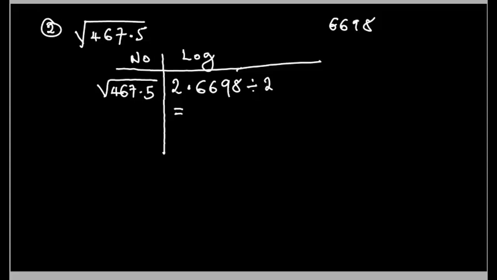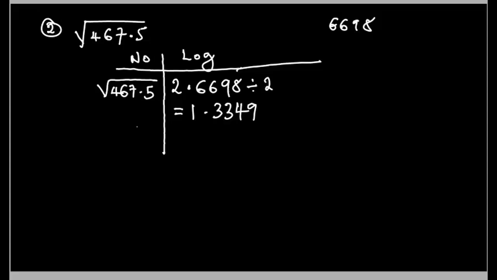So 2.6698 divided by 2 will give us 1.3349.